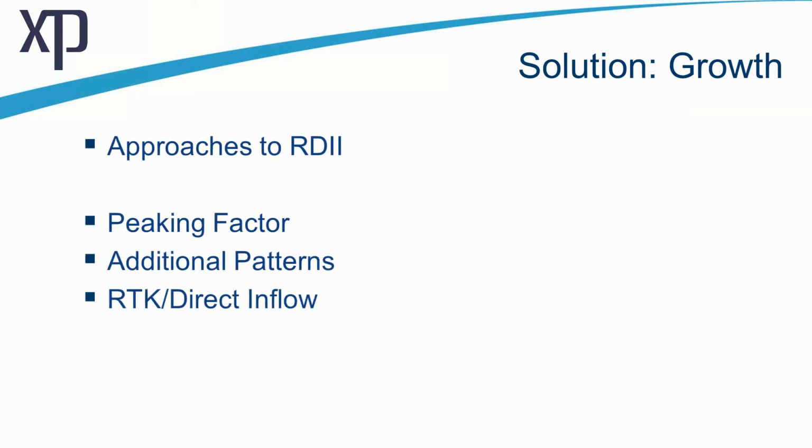So if I had, let's say, plant data and I knew that my wet weather flows were 5 times my dry weather flows and I had a steady state model, I might just multiply my dry weather flows by a factor of 5 to get an idea of what's happening in my system. Obviously, the advantage there is it's very easy to do that. Big disadvantage is there's no time dependence. So I have no idea of the volume of flow, and I also don't have any idea of how that flow interacts. I have no time to peak understanding of what's happening.